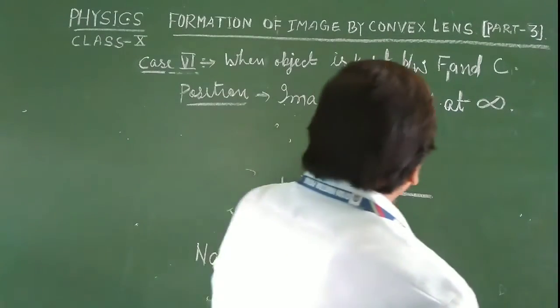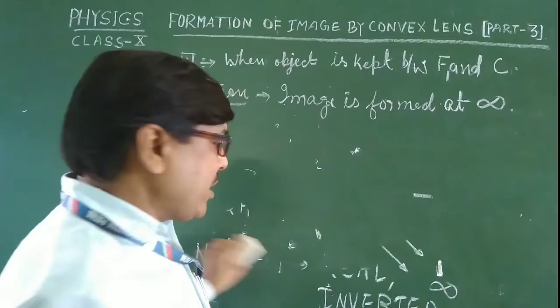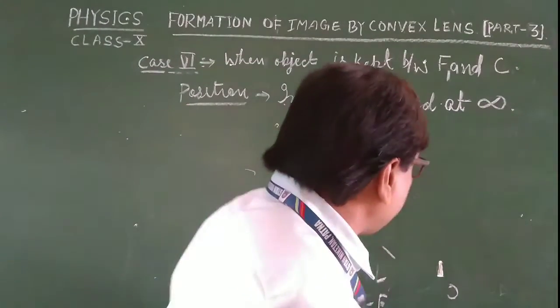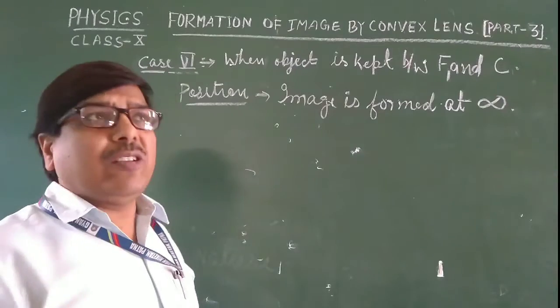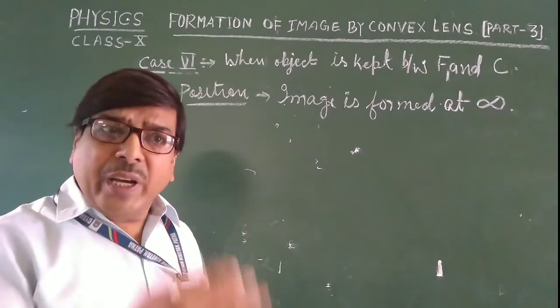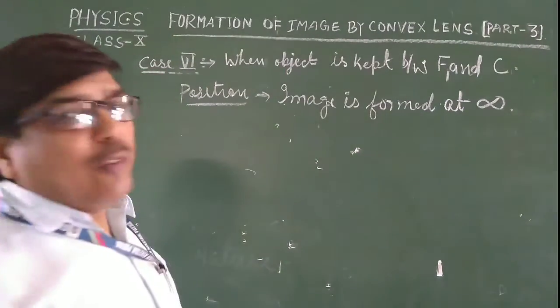The image formed will be erect, that is, a virtual image is formed. This is the only case in which a virtual image is formed in a convex lens.